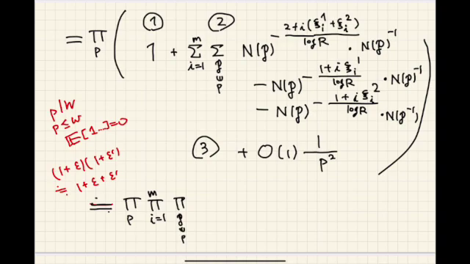So this eliminates all these terms. Yeah, so we are taking the product for primes larger than small w.